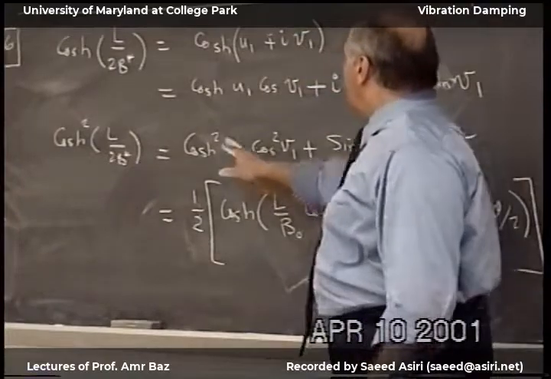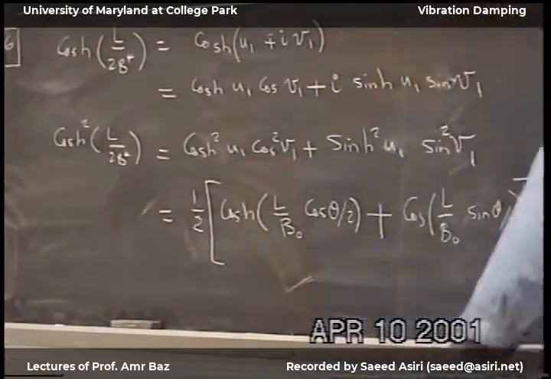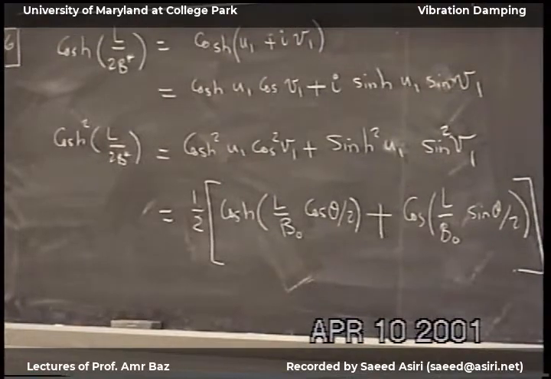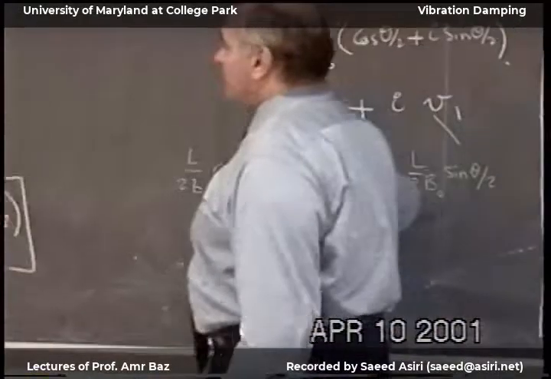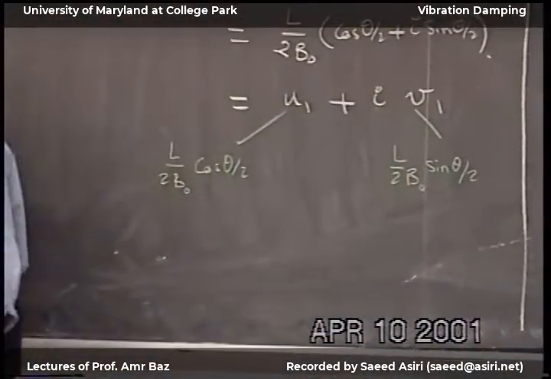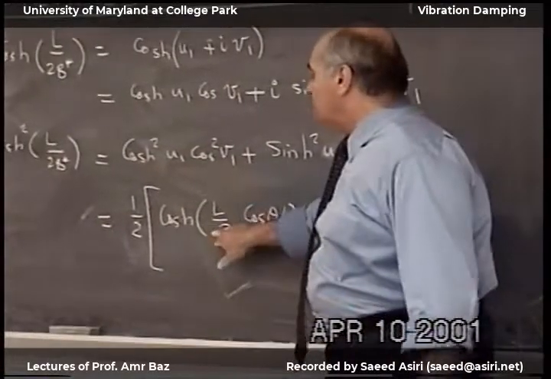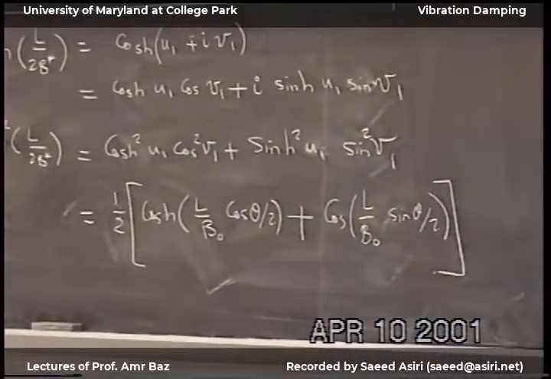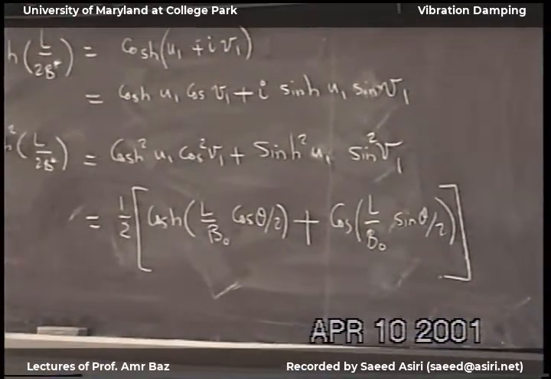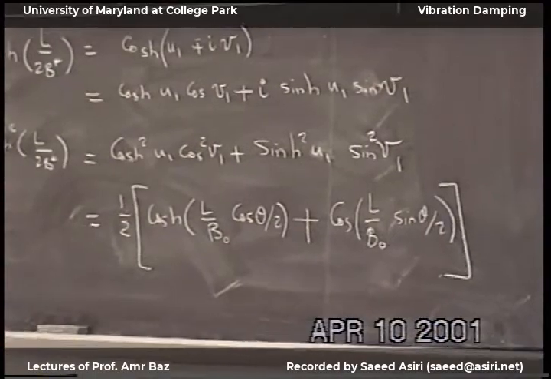The U1 is L over 2B times the cosine. So the cosine squared, I'm going to convert it to twice the angle. So the 2 on the denominator disappears, and it becomes this equation. Now we can assemble all this, and we have the final result.